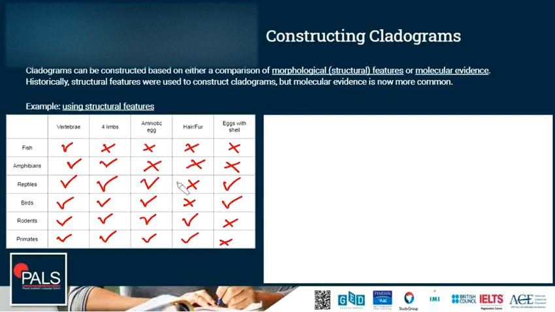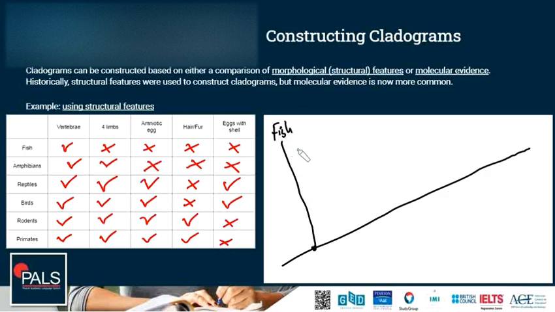No. So let's construct this cladogram. We draw our base. And now we can construct the nodes. Our node that is probably down here is where our outgroup goes off, which is in this case the fish.